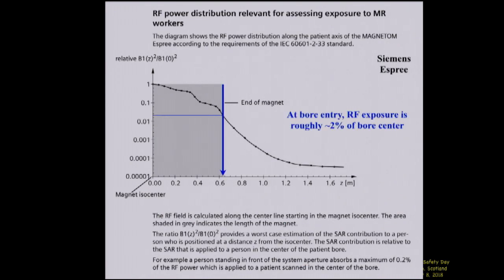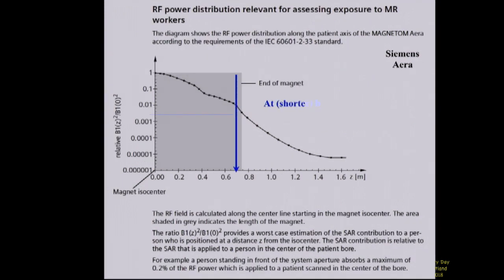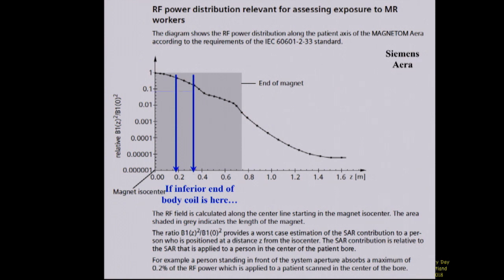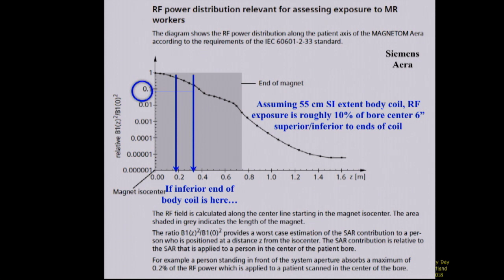In a different scanner, a shorter bore, it's about 2% of what's happening in the center. In a different scanner, once again, every RF coil is unique to that coil. What is its transmitting profile? If the inferior end of the body coil goes to there on this magnet, then if you go down 55 centimeters for the body coil, let's say in this example from here to here, then about 15 centimeters below that, it's about 10% the exposure.